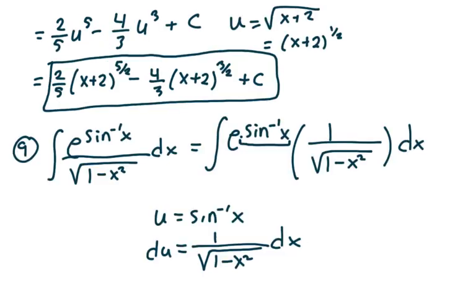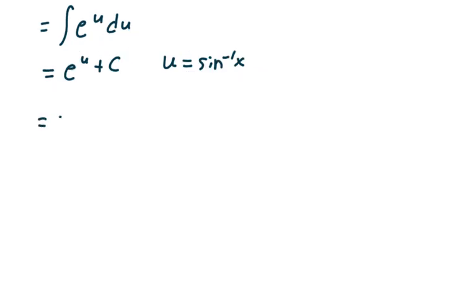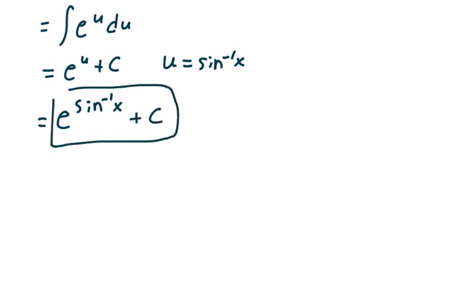And so this is the integral of e to the u du. And this is e to the u plus c. But u is arc sine x, right? That's what we got over here. And so this is e to the arc sine x plus c. That was number 9.